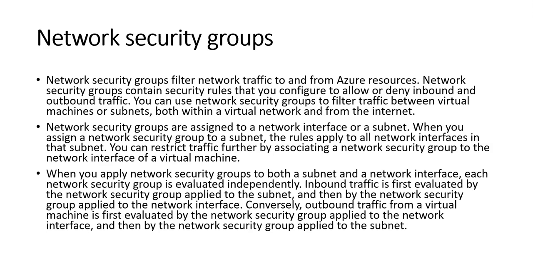The security rule assigned to the subnet would be evaluated first. In proportion to it, outbound traffic from a virtual machine is first evaluated by the network security group applied to the network interface of the machine and then by the network security group applied to the subnet.